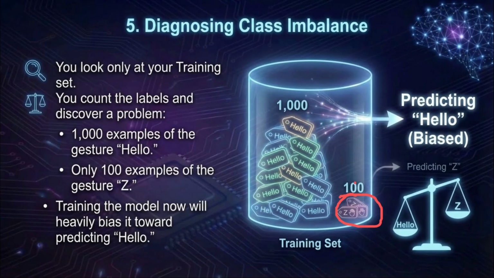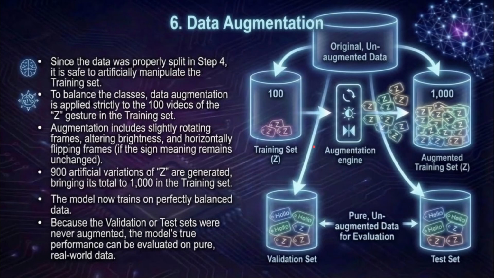Our model would be heavily biased towards hello, and even if it predicts hello every time, if we train on these 1100 examples, it will achieve 90% accuracy, because most of the data it has is hello. But we don't want that. We want it to learn Z also. So we have to balance the data set. How will we balance it? Using augmentation.